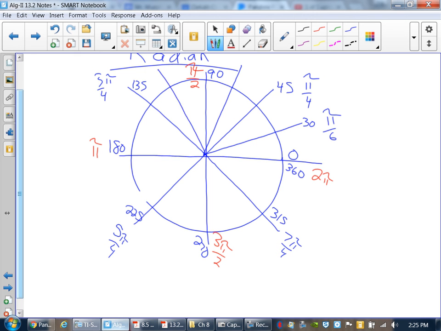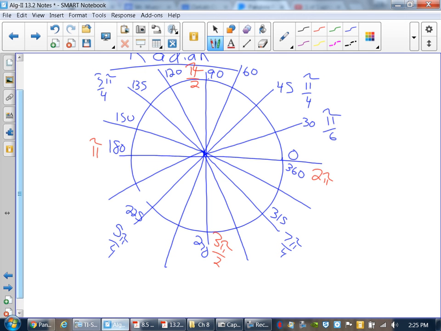That means every 30 degrees, I can continue to make this. 30 plus 30 is 60, plus 30 is 90, plus 30 is 120, plus 30 is 150, 180, 210, 240, 270, 300, 330, and 360.